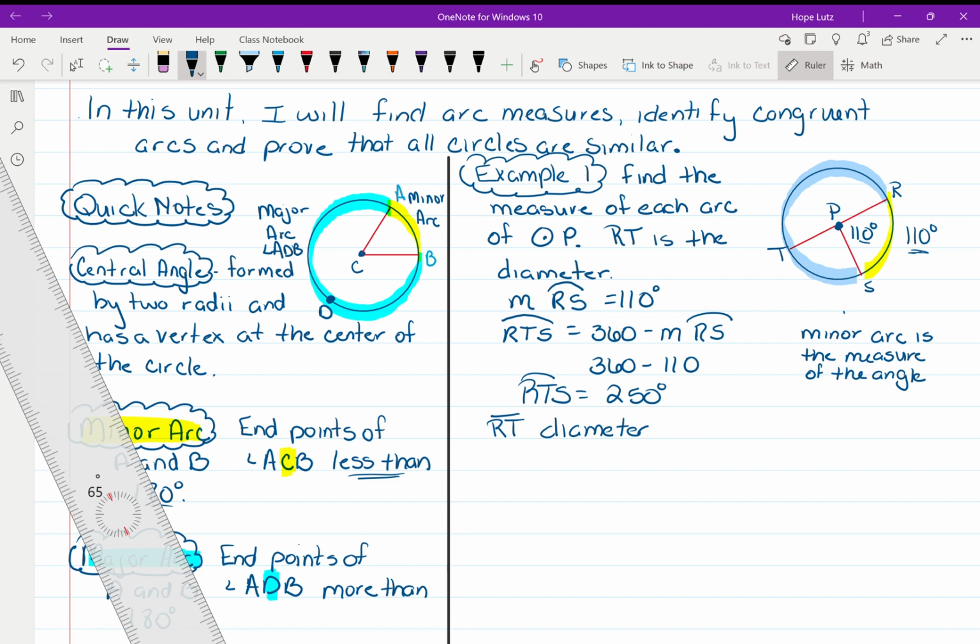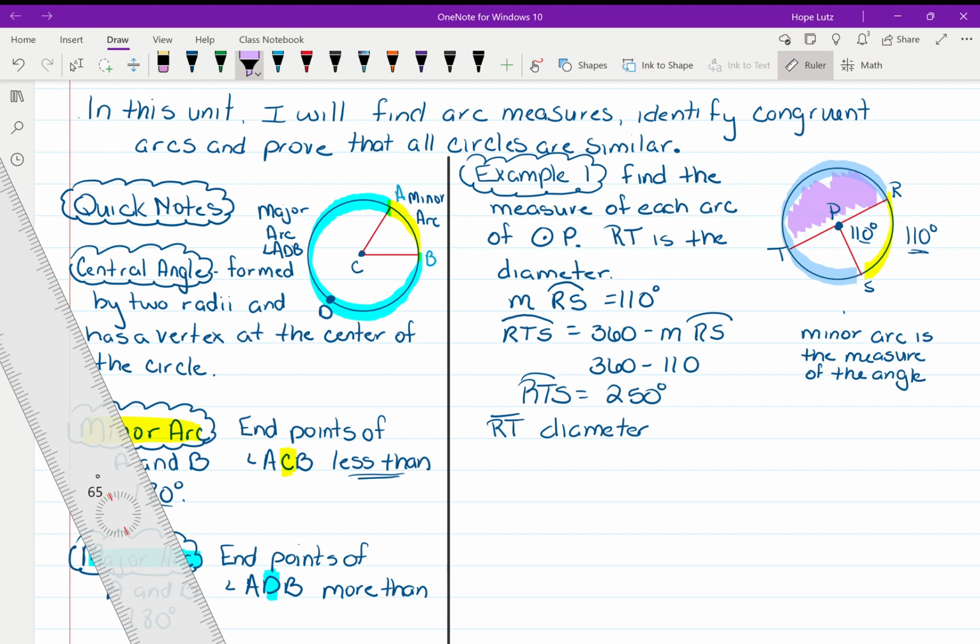Our diameter goes across and it creates a semicircle. So if you look at RT and you're looking at, let's use pink, this side, we know that that is 180 degrees. So on that side we know is 180 degrees.